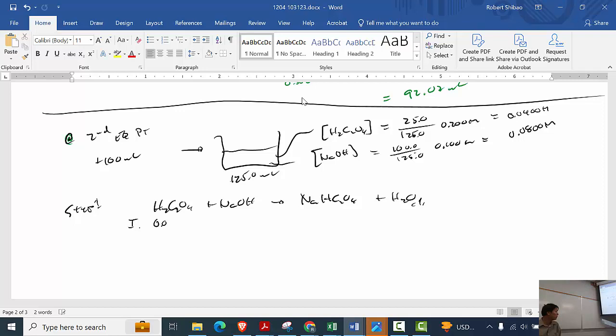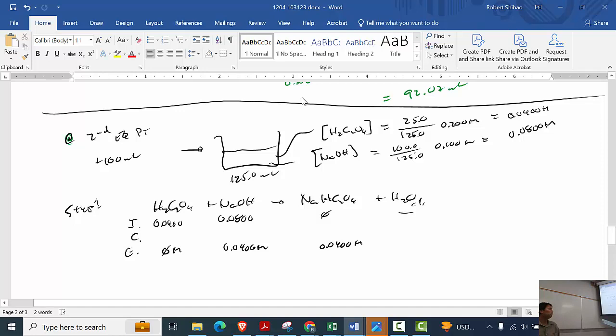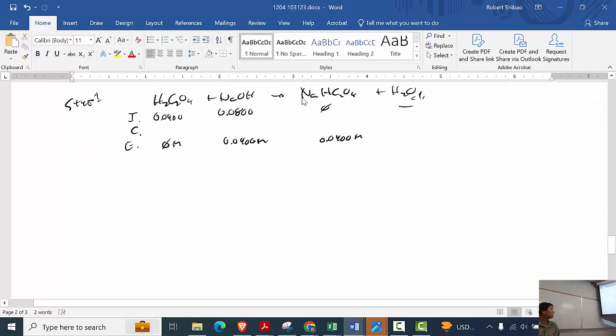And so we have 0.0400, that's our limiting reagent, and then we have 0.0800, that's our excess reagent, and we'll have 0 in this. To save time, I'll just omit the molarities for right now. So we're going to lose all our limiting reagent, so that's going to go to 0, and we're going to lose half of this, so this is going to go down to 0.0400 molar unreacted sodium hydroxide, and this is going to go to 0.0400 molar sodium hydrogen oxalate that's generated.